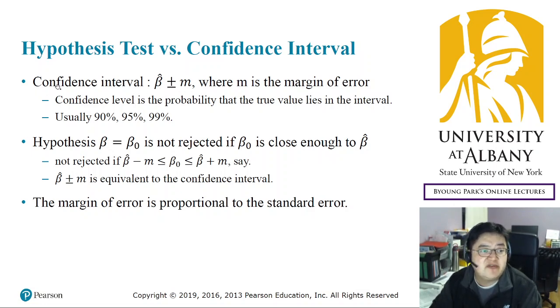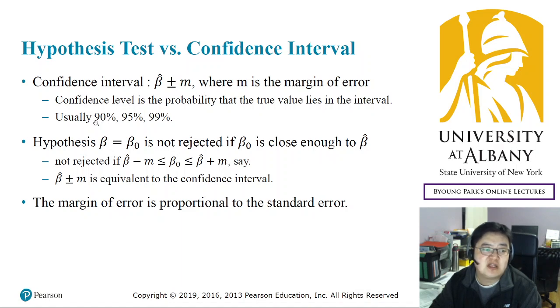This is the confidence interval, and I understood it as that when you estimate beta, you are confident that the true beta lies within this interval. I think that's why it's named the confidence interval. There is also another term, confidence level, which means the probability that the true beta lies within the interval.